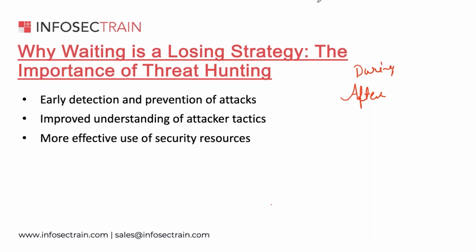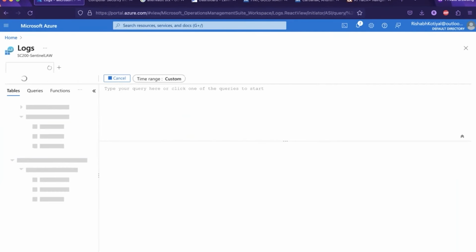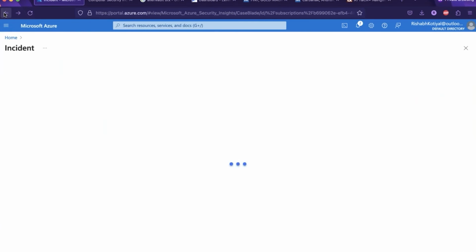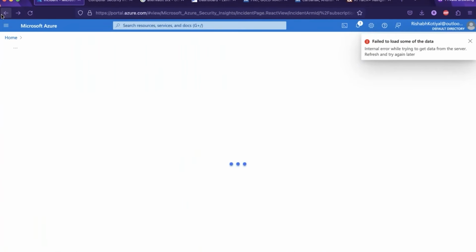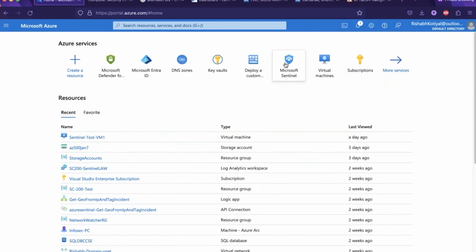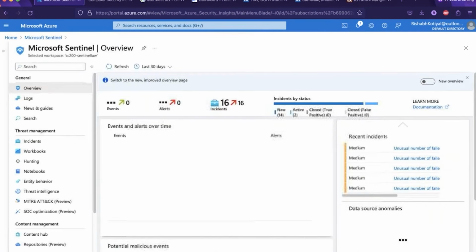Like in the example I showed you earlier on Sentinel, with this incident, Solari Gate 1, once I found the alert, I started looking, went to threat hunting, and started creating all these things. That is something that was happening, and I don't want you to do it like this. I want you to do those things upfront.